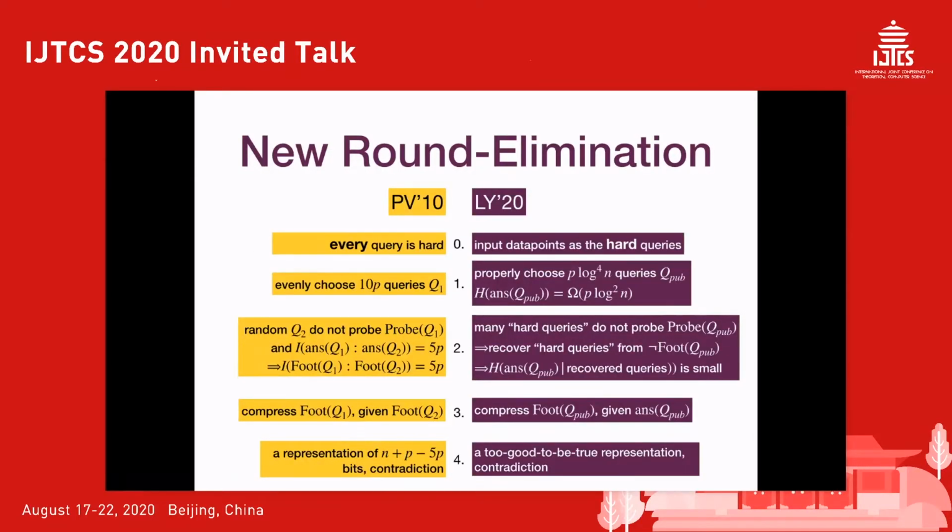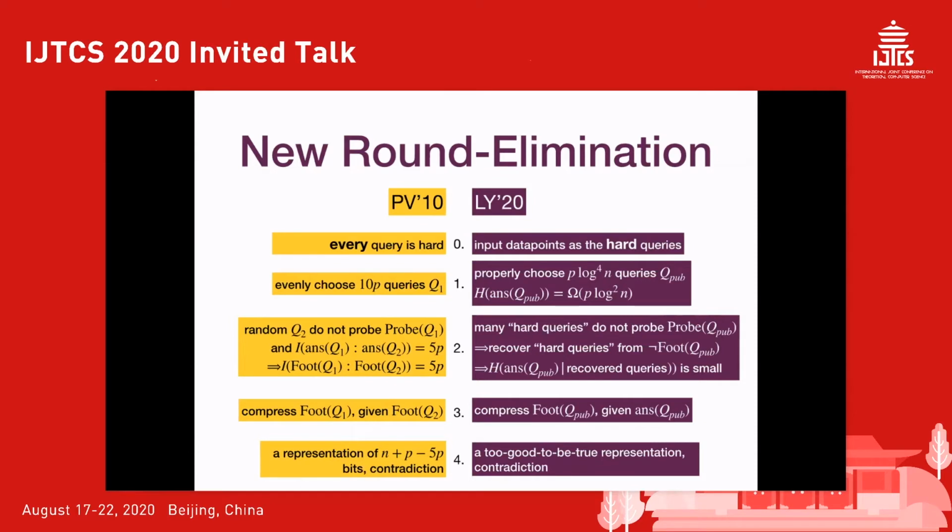Hence, we move our concern to a set of hard queries, which are correlated with the database, and we apply round elimination on the hard queries only. Since the hard queries are highly correlated with the database, we cannot use cells probed by some specified hard queries to compress the cells probed by Q1.